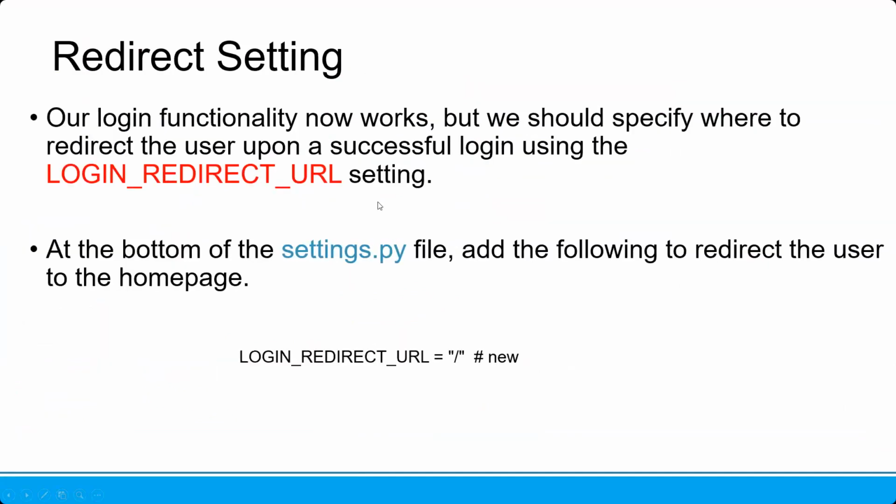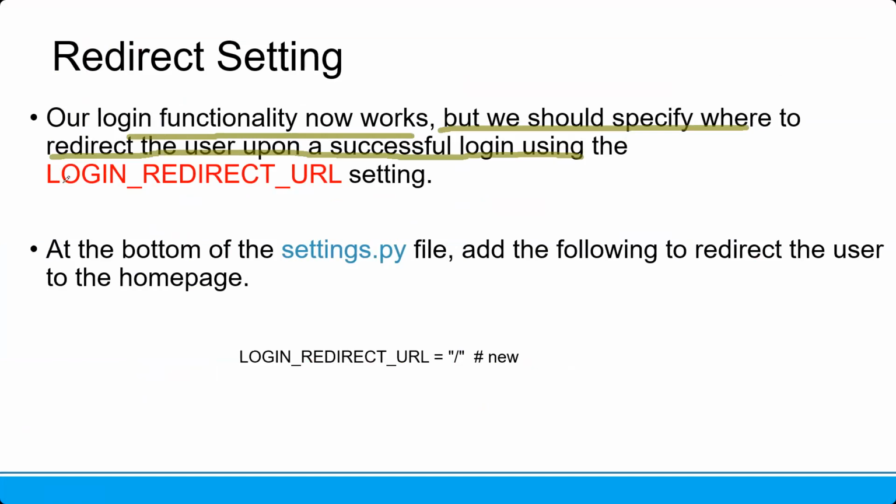When we use the authentication app in Django, the login functionality now is working, but we should specify where to redirect the user upon a successful login. So if it succeeds, then where will you go?